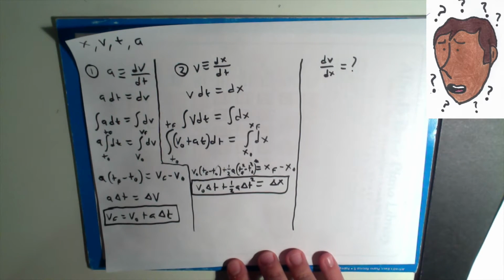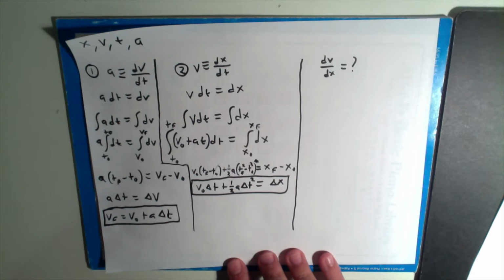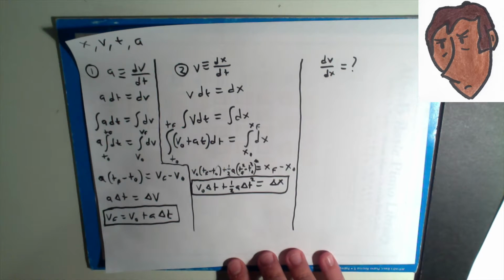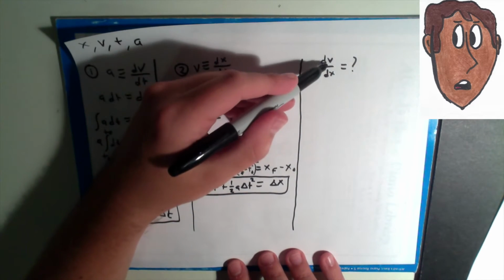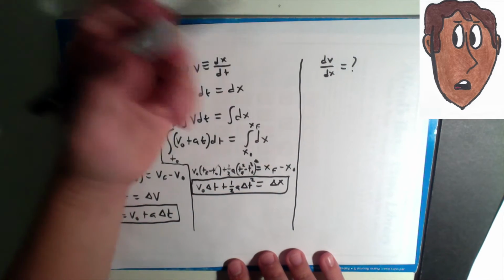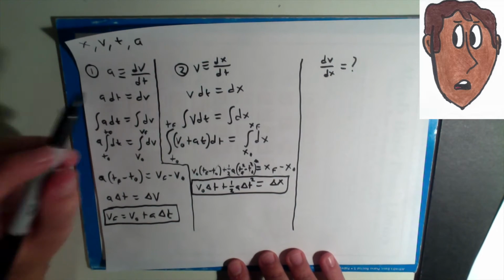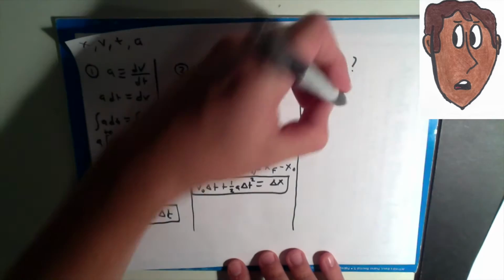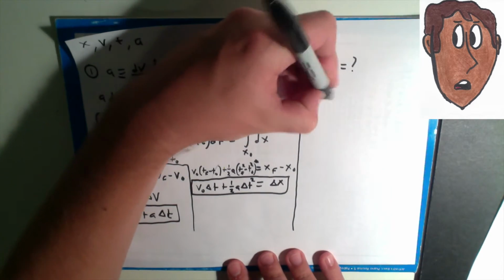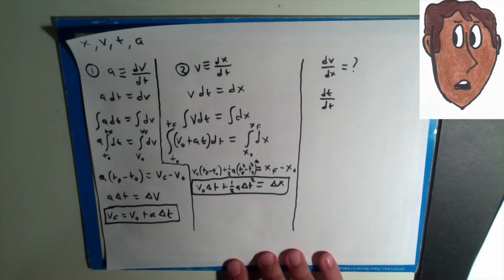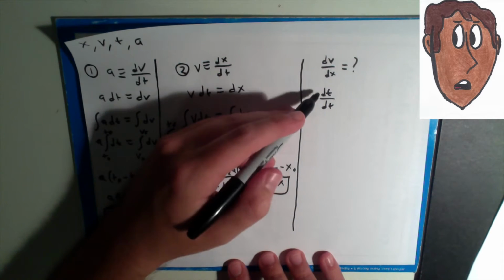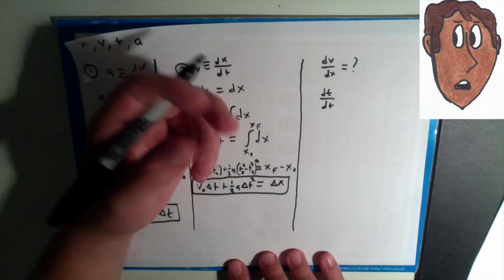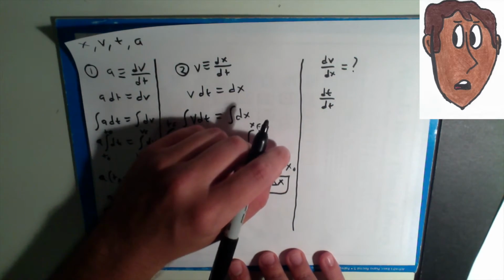I'm not really sure, but I can do a clever trick here to figure this out. So dv/dx is a rate of change, so it's the velocity changing with respect to position. What's the other variable we have? We have time. Well, we could write dt/dt, the change in time with respect to time. But as you can see, you can consider this a fraction, or you could consider this a number, and it's just going to be 1.